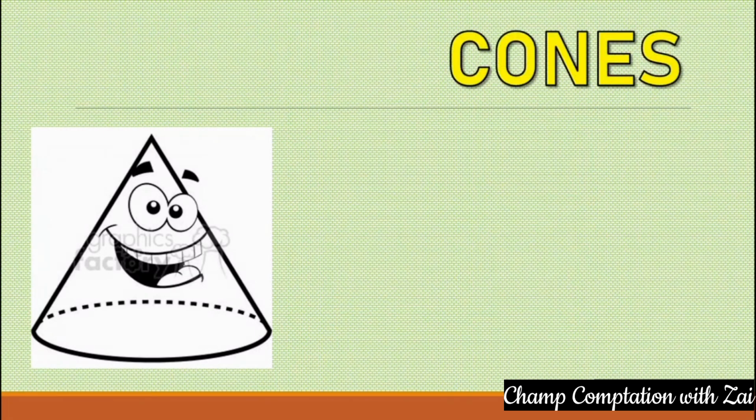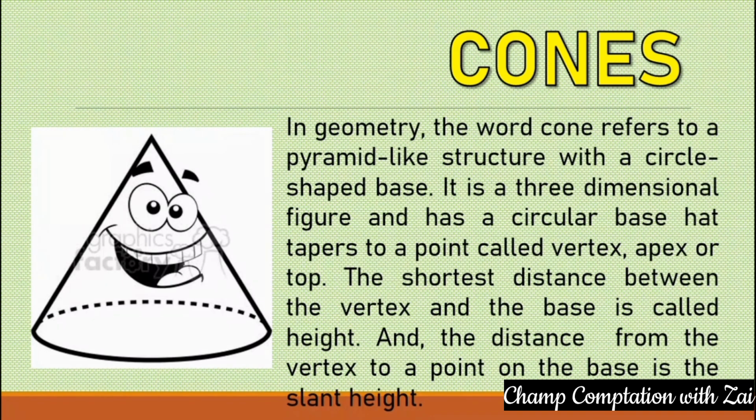So let's move on to another solid. What do we call this? It is the cone. In geometry, the word cone refers to a pyramid-like structure with a circle-shaped base. It's like a pyramid, but in a pyramid the base is a polygon, while in a cone the base is a circle.